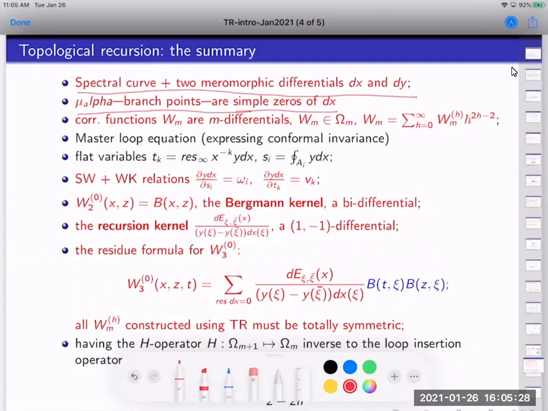And again, there are models, by Bouchard and others, in which we just relax this condition.